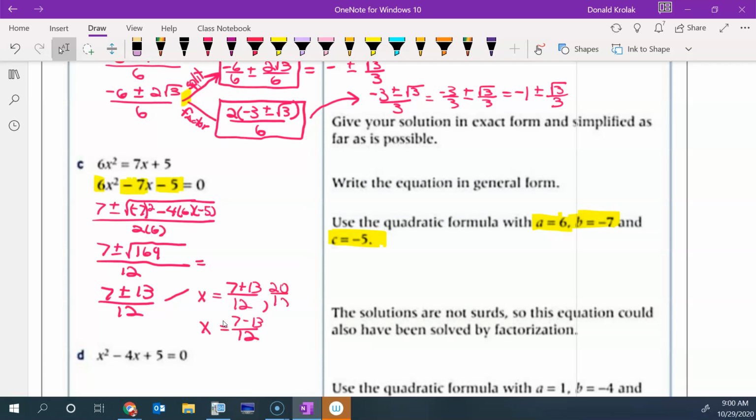So 20 over 12, which is 10 over 6, which is 5 over 3. And then this one would be -6 over 12, which is -1. There's my two x-intercepts.